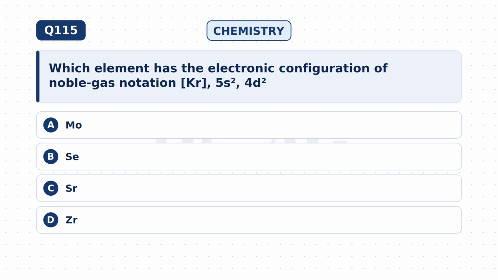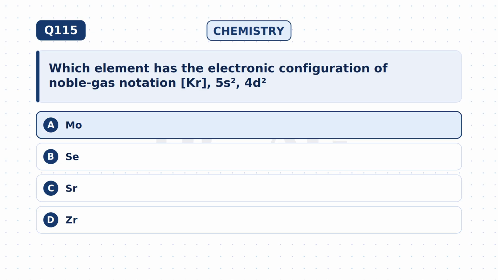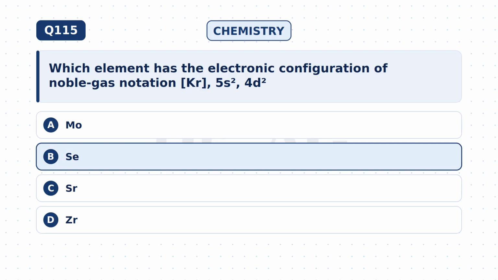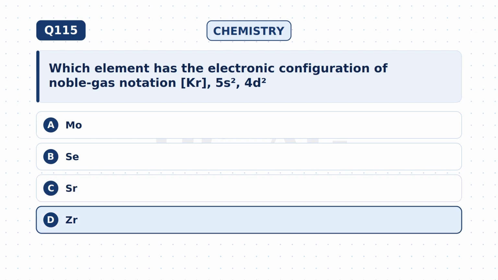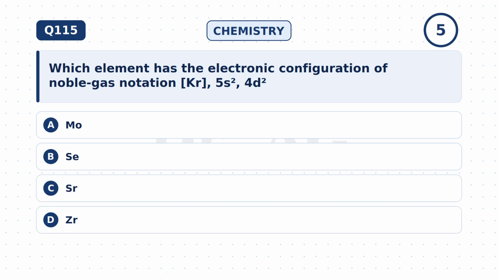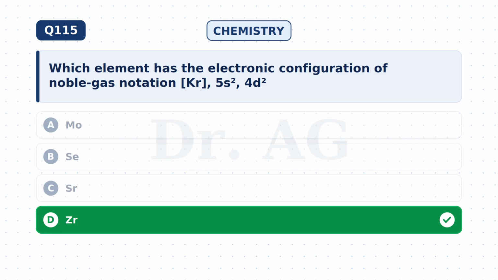Question 115. Which element has the electronic configuration of noble gas notation [Kr] 5s2 4d2? Option A, Mo. Option B, Se. Option C, Sr. Option D, Zr. The correct answer is D, Zr.